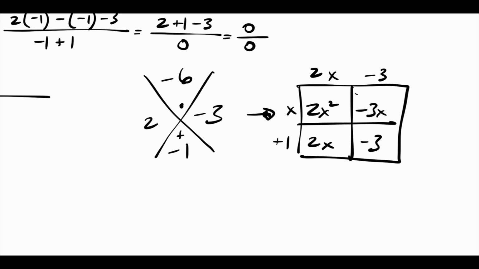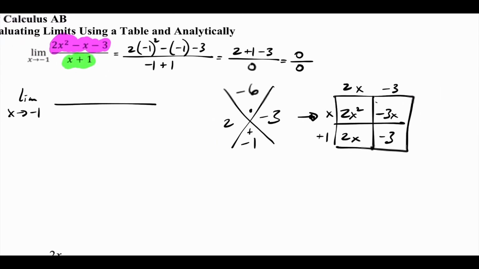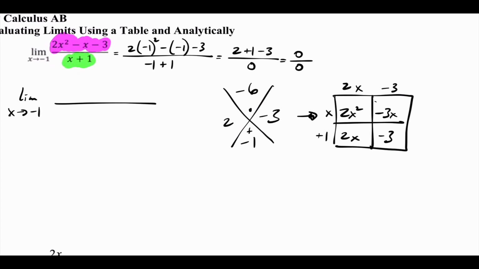X times -3 makes -3x. -3 times +1 makes -3. So that's how I know I did it right, because it all multiplies correctly. So on top, that means it factors to 2x minus 3 and x plus 1.